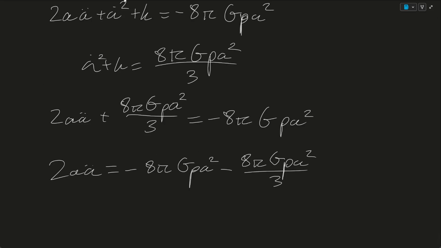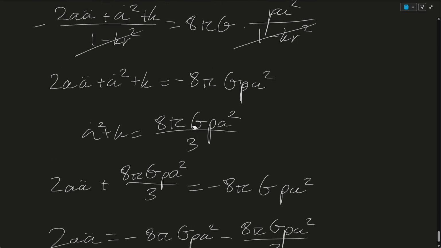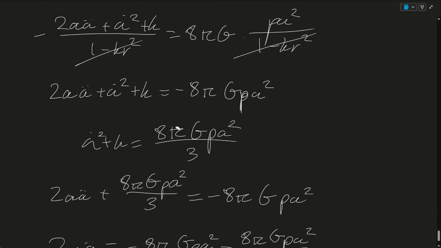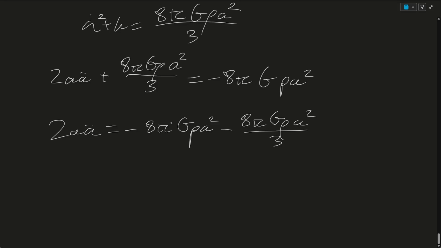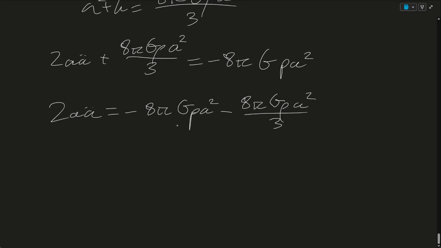I was like, you shouldn't be able to cancel this out because I've written terrible notes, and this is not p, this is rho. That's rho and that's rho. That makes more sense. Now we should have that this is minus 8 pi G a squared times p plus rho over 3.